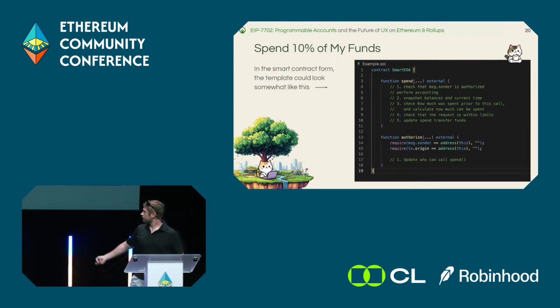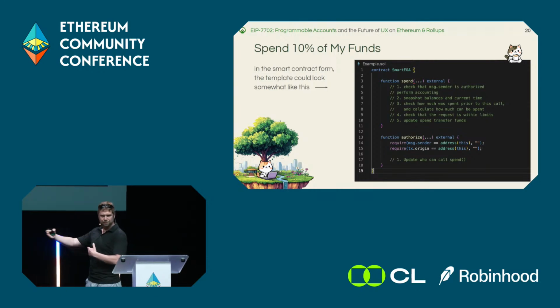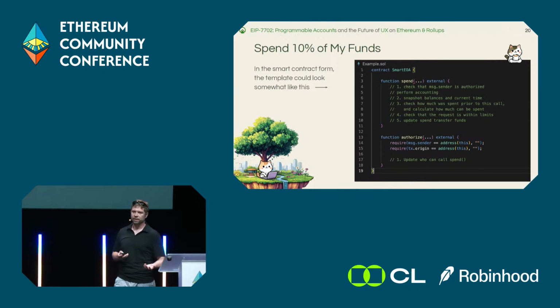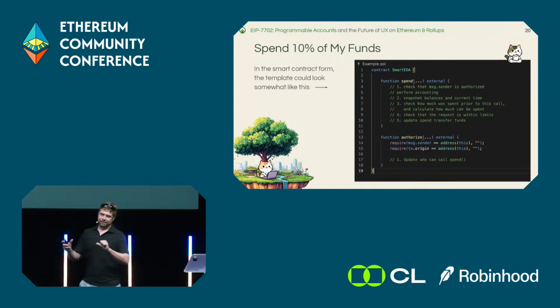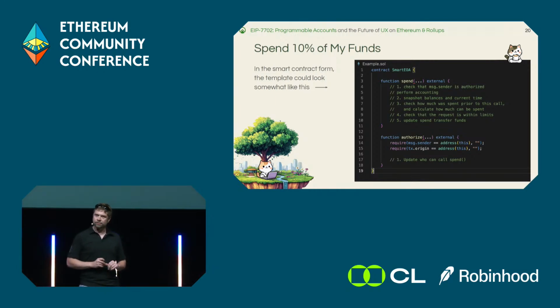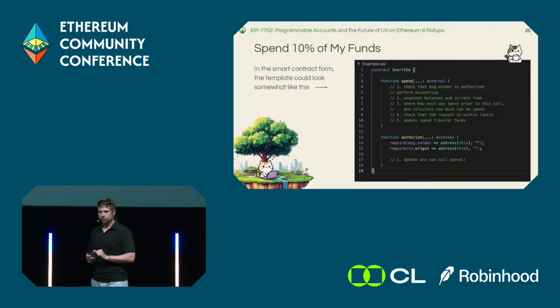What would you do in here? Well, the first thing you should do is check that somebody who just showed up was actually intended to call this method. So you would check with some authorization feature, and provided that the person or another account is authorized to spend from your account, then you would actually execute the logic for the spending.